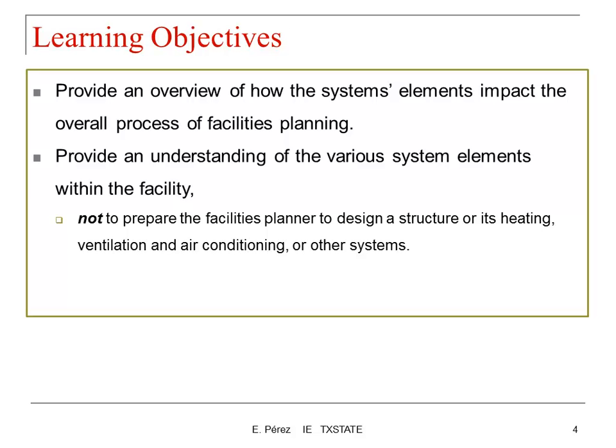But the purpose of this lecture is not to prepare the facilities planner to design the structure or the heating and the ventilation of the facility. It's just to have that in mind when you are coming up with your design, because all these elements are going to occupy some space.